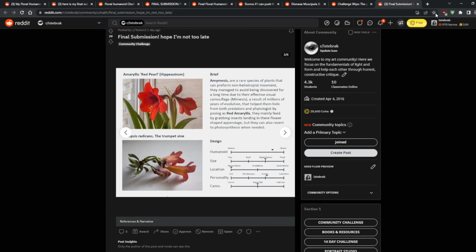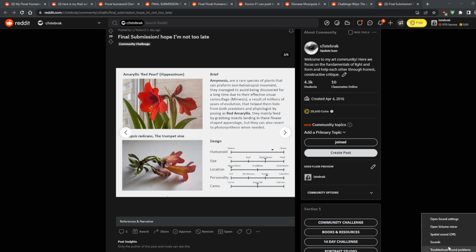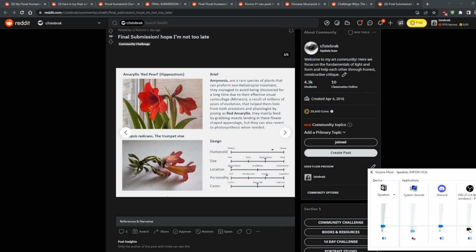So the way that I went about designing it, it was like sliders in a sense. So I had several points. What does humanoid mean to me? I made a slider from human to flower, and where did I want my design to fall in? So that was the first slider.